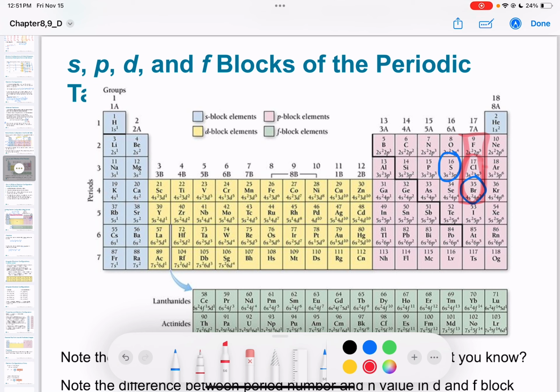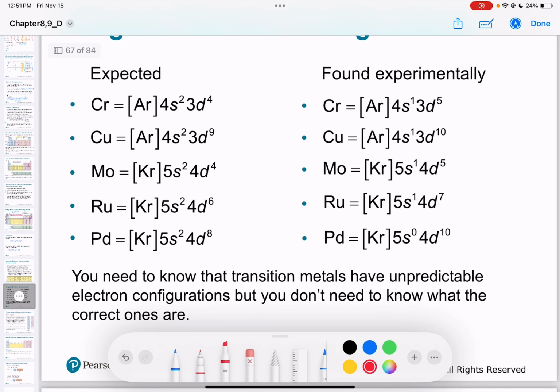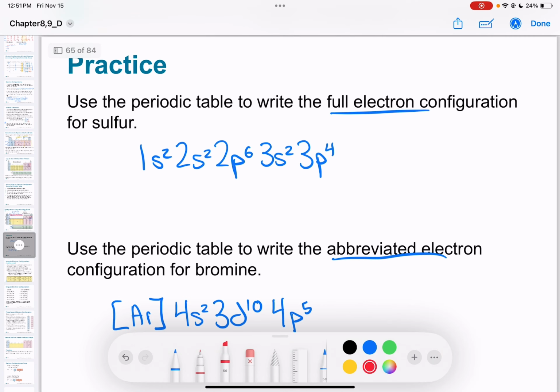Those additional 10 electrons come from those d orbitals. That's why you have such a jump in both protons and electrons once you pass through those d orbitals.